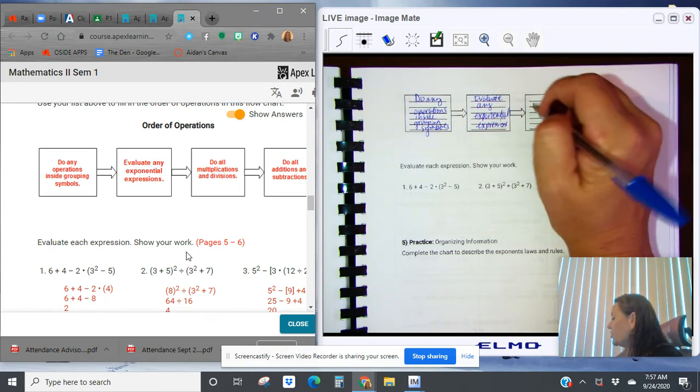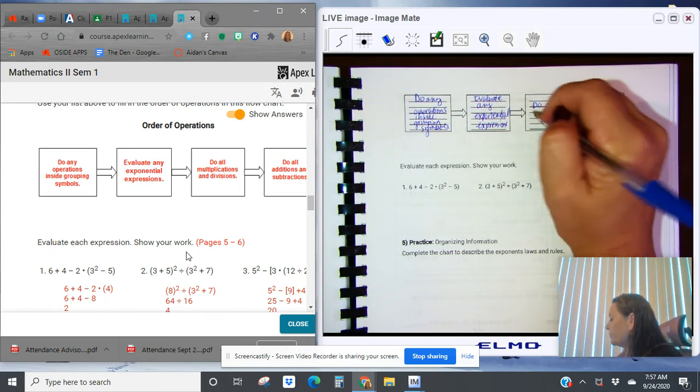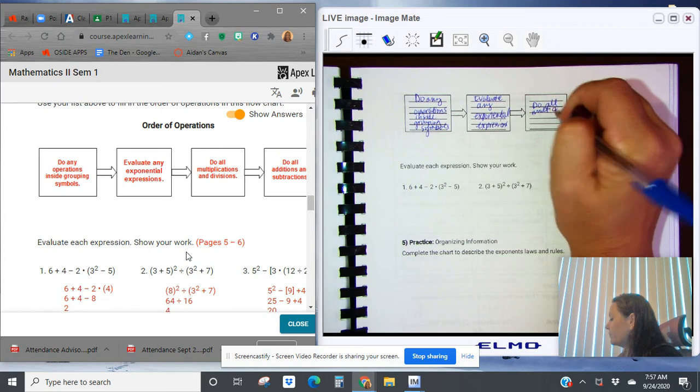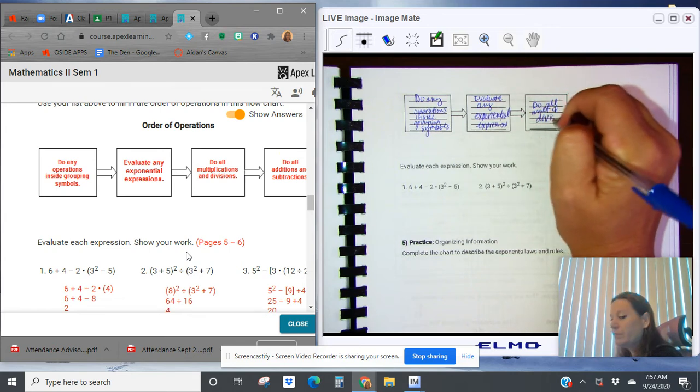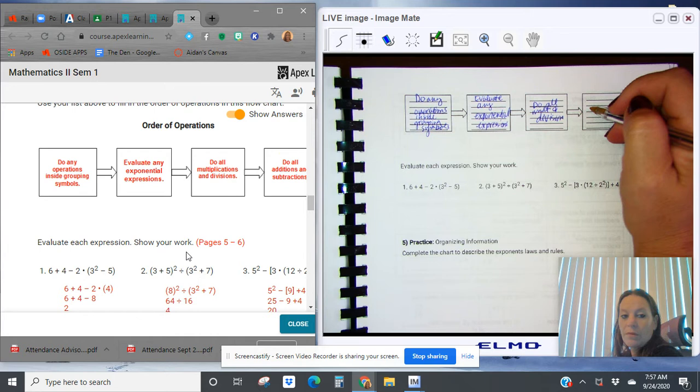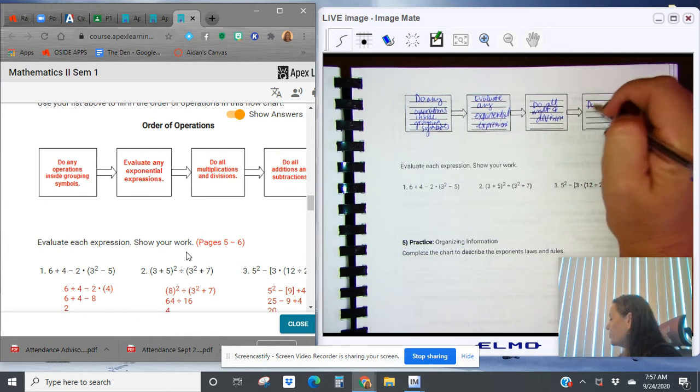Do all multiplication and division. Do all addition and subtraction.